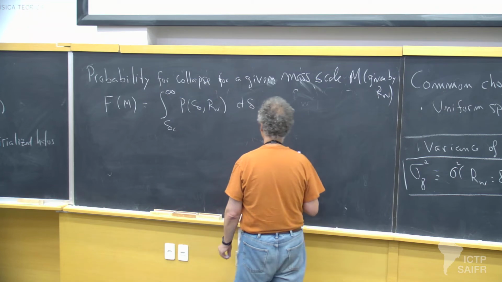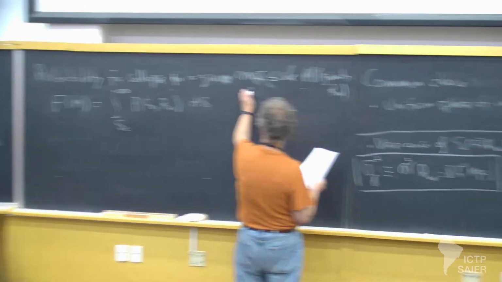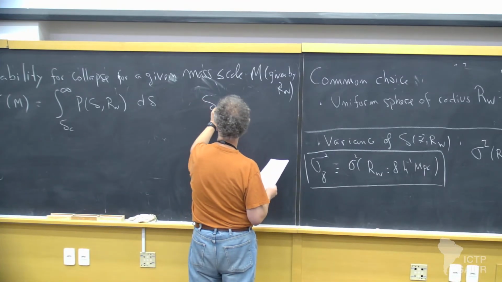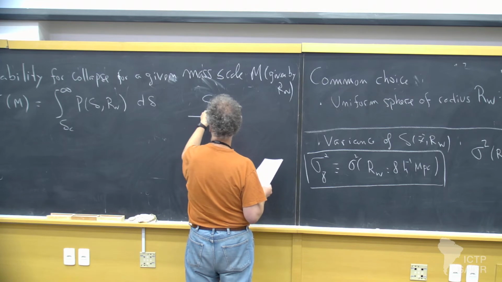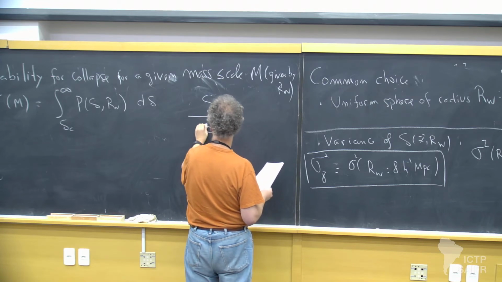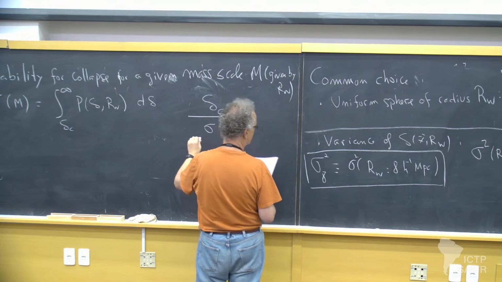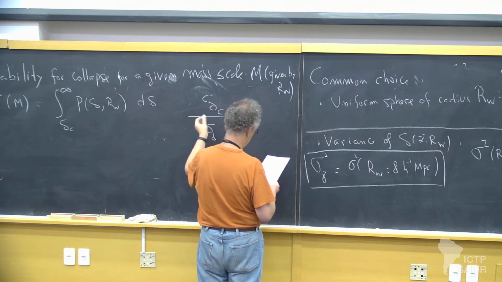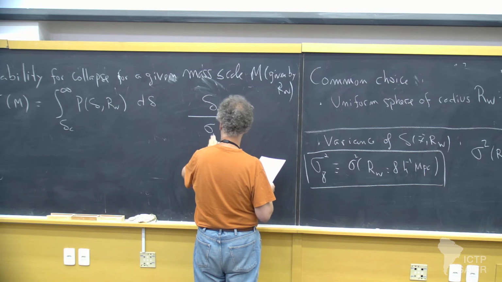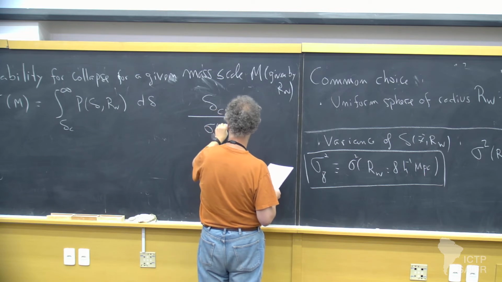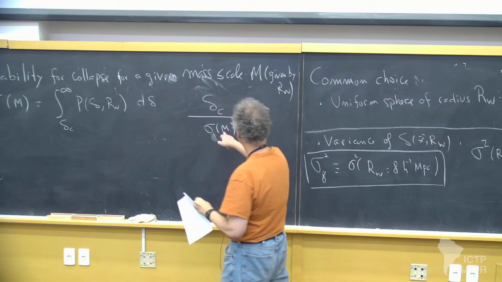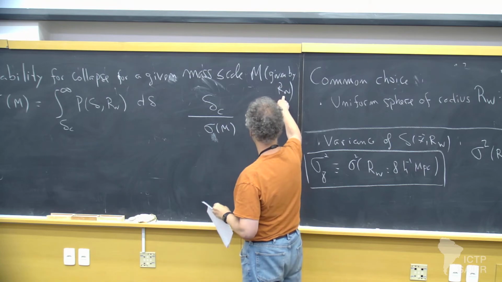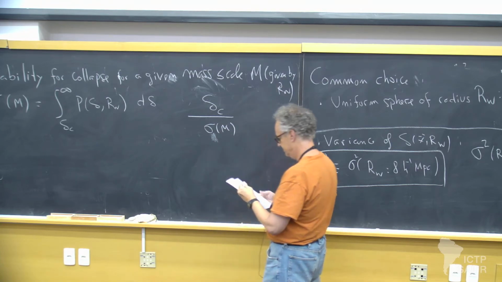So one quantity that appears all the time is the ratio, as you would expect, between the critical perturbation divided by the sigma 8 quantity, or you can do sigma of m. Again, m is the mass scale related to the scale RW.